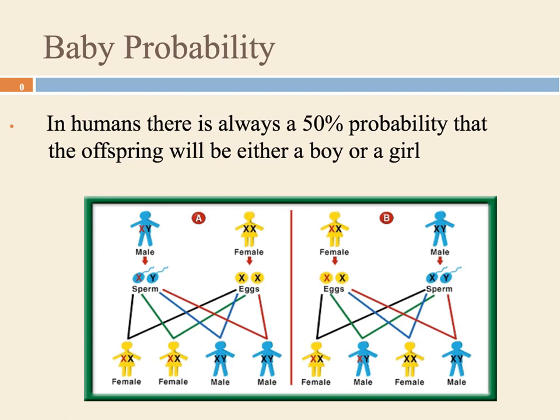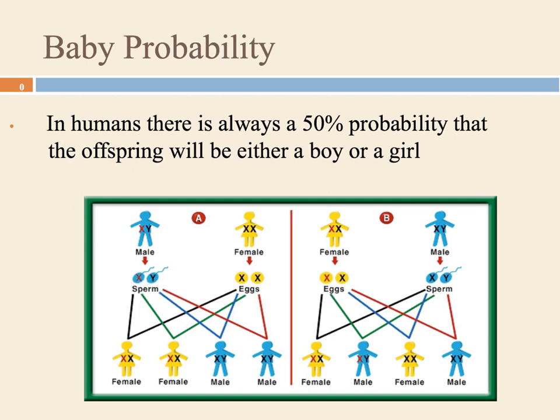So one of the things that you need to know is what are the chances for a couple to have a boy or a girl baby. And you need to know that it is the father that determines the sex of a child, because remember, females are XX. As you see here on the screen, the mom can only give an X. It's the dad that determines the sex because he can either give an X chromosome or a Y chromosome.